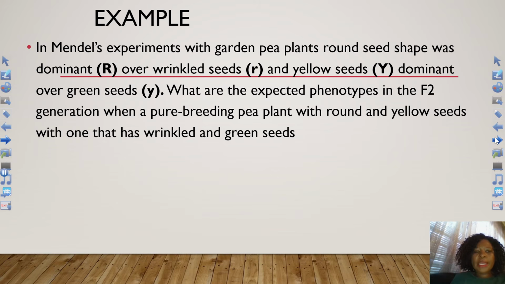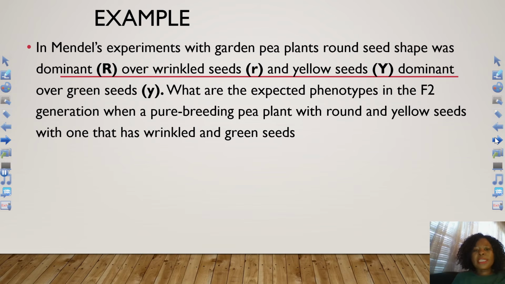Hence, we use a capital letter R to represent round seed shape over the wrinkled seeds, which were recessive, and therefore for wrinkled seeds we use the small letter r. Then with the seed color, there were yellow seeds as well as green seeds, where the yellow seeds were dominant over the green seeds. So for yellow seeds, we use the capital Y, and for the green seeds, we use the small letter y.